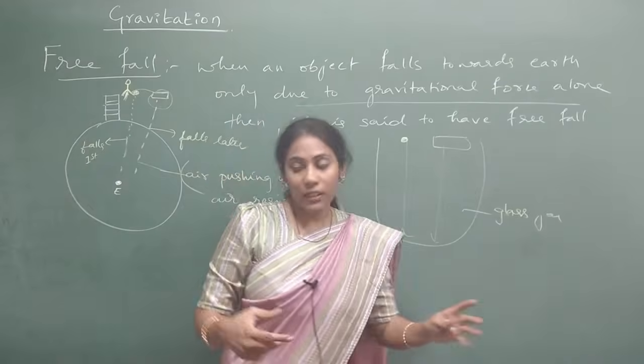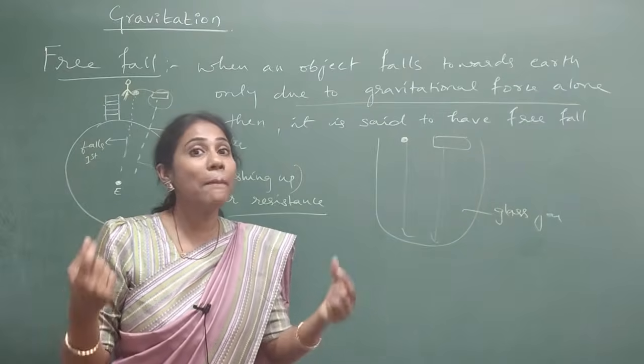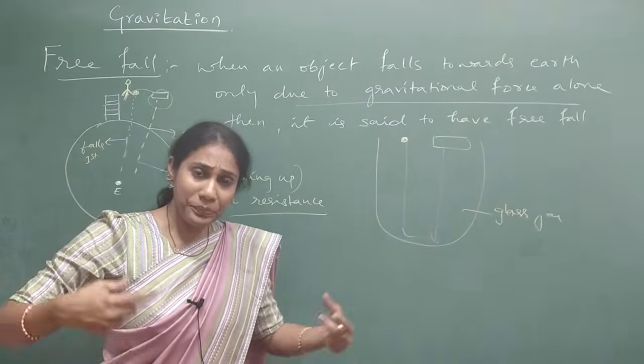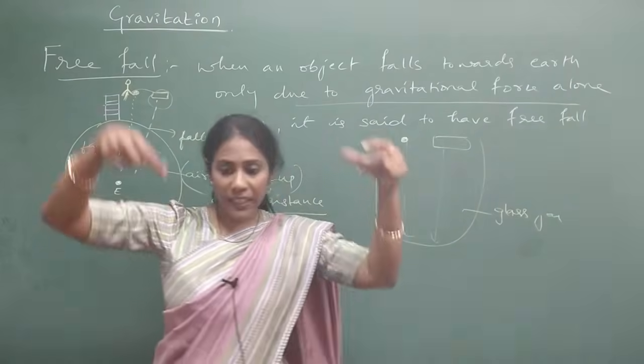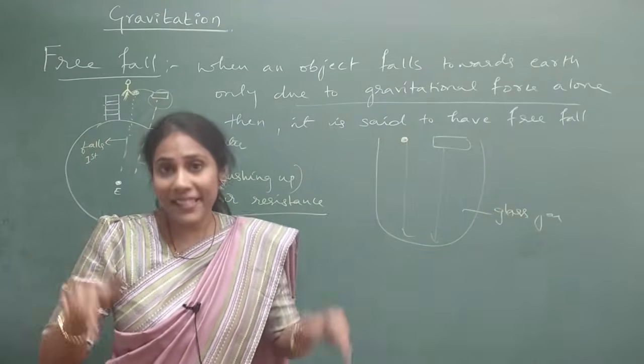So this free fall does not depend on the mass of the object. If you take two objects and freely put them down, both of them will reach the ground at the same time.